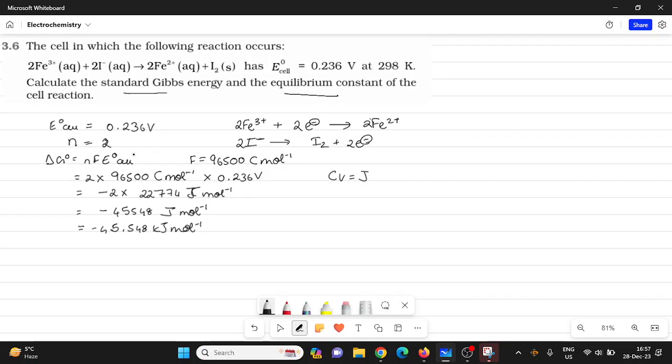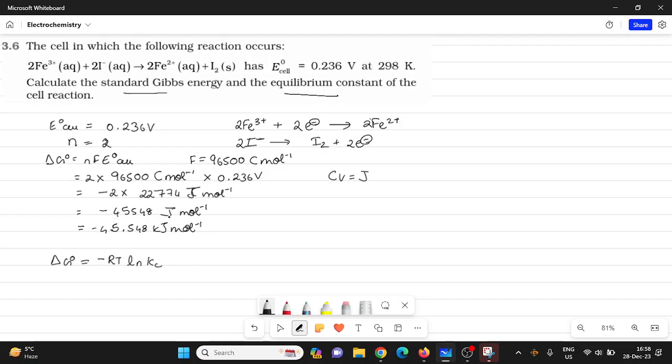And now we have a relation between the Gibbs free energy and the equilibrium constant. For that, we use the equation delta G naught equals minus RT ln Kc, where Kc is the equilibrium constant. I'm just going to write the equations over here and substitute these values.